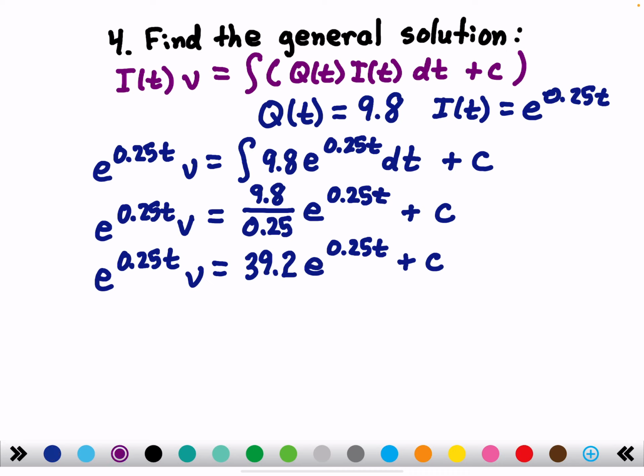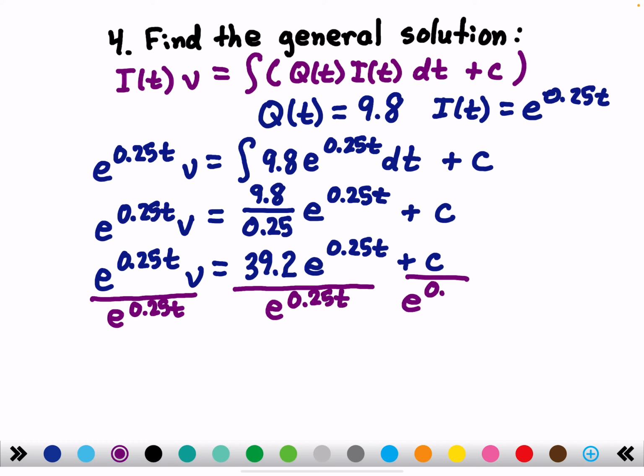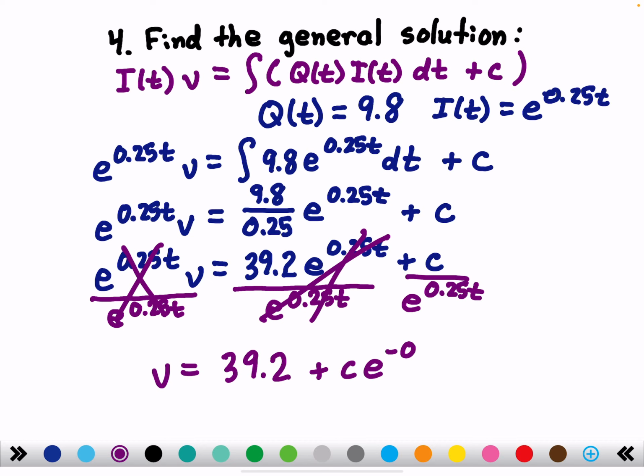Now this next step, we divide everything by e to the power of 0.25 t. So basically all terms on both sides get divided by e to the 0.25 t. And that will give us v equals, because those cancel, 39.2 plus c e to the negative 0.25 t power.